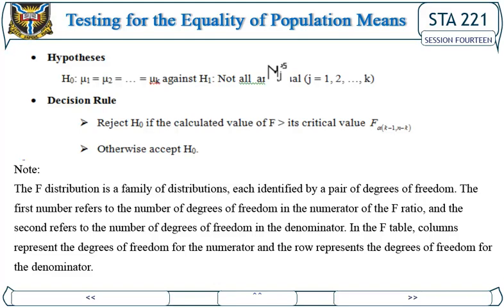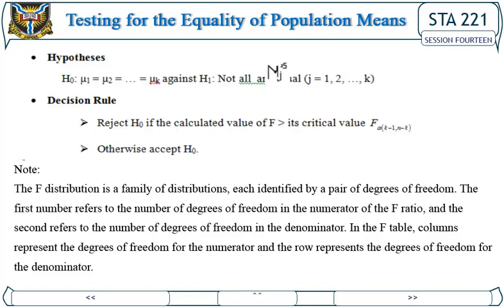Otherwise, accept H0. Note: the F distribution is a family of distributions each identified by a pair of degrees of freedom. The first number refers to the number of degrees of freedom in the numerator of the F ratio, and the second refers to the number of degrees of freedom in the denominator.